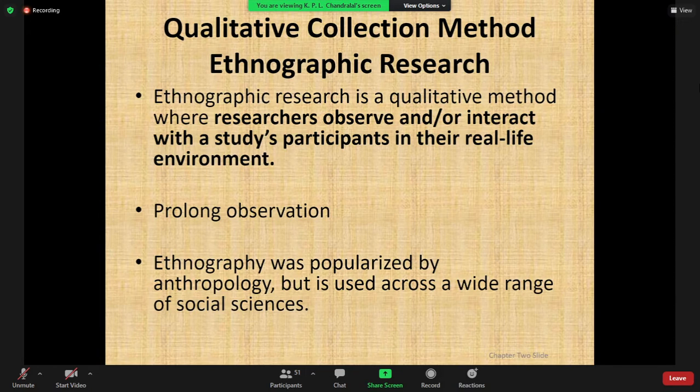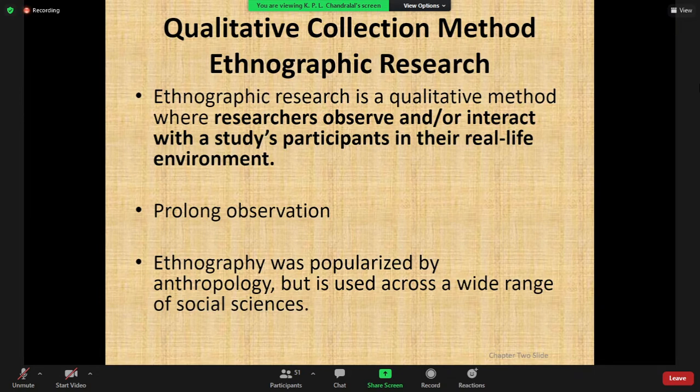Ethnographic research is a qualitative method where researchers observe and or interact with the study's participants in their real life environment, not for 2 or 3 days but during a prolonged time period. It's a kind of prolonged observation, maybe 2 years, 3 years.